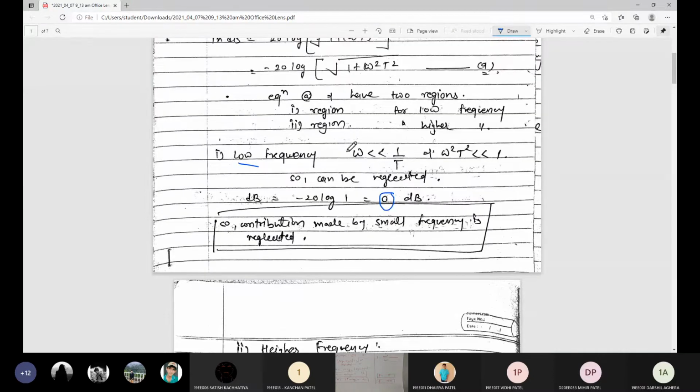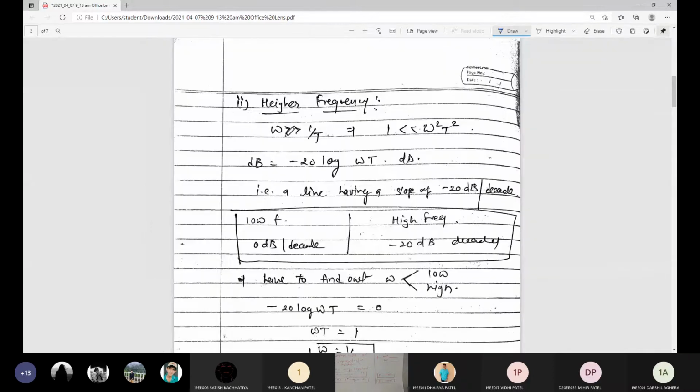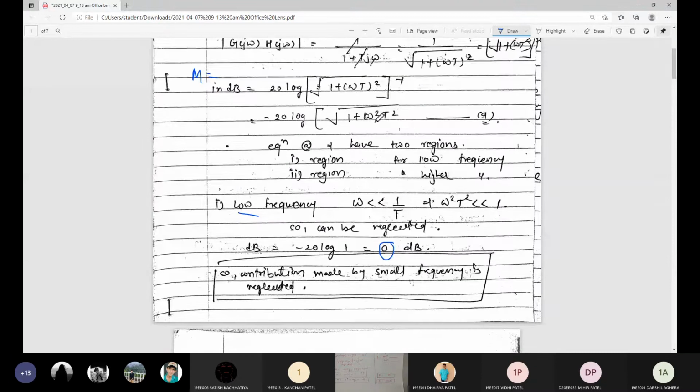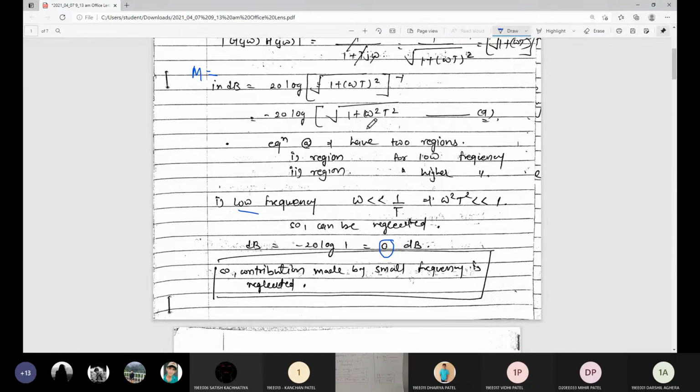Now I will go for the second part. Second part is the region for the higher frequency. If it is higher frequency, that means omega is greater than 1 upon T. What does that mean? Omega square T square is much higher than 1. In that case we will put this value here: 1 plus some big value, and a big value plus 1 is nothing but that big value only.